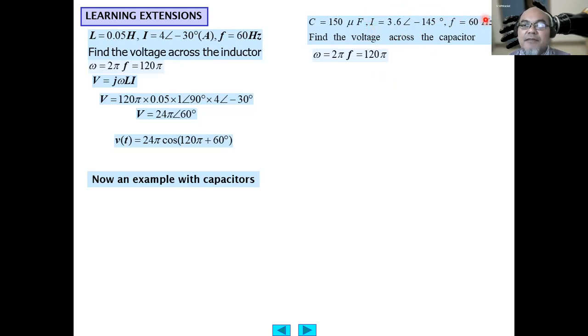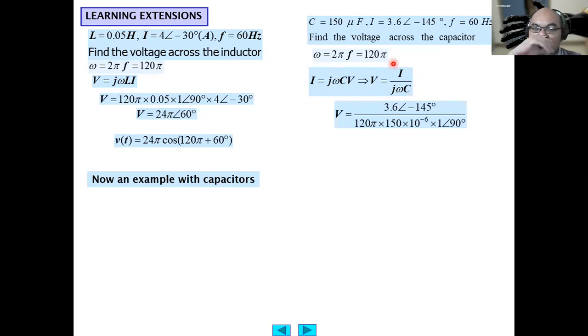So omega is 2 times pi times f, 60 hertz times 2 pi is 120 pi. Then from the formula that we derived in the previous slide, the current equals j omega C times V. The current leads the voltage by 90 degrees. Or the voltage equals the current divided by j omega C. So we insert the values.